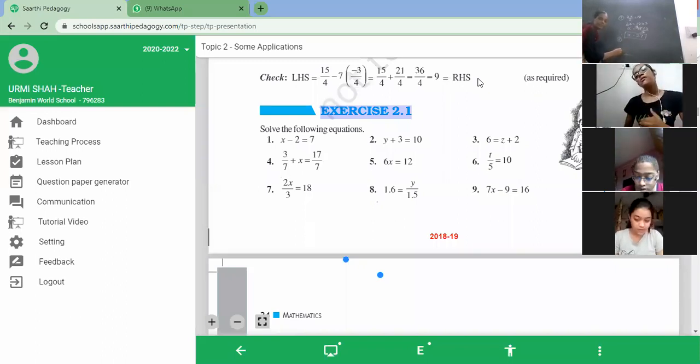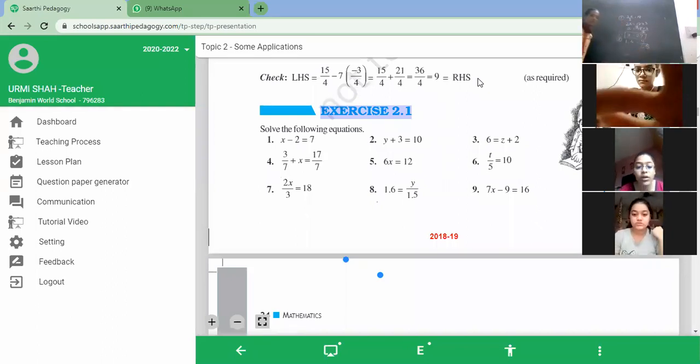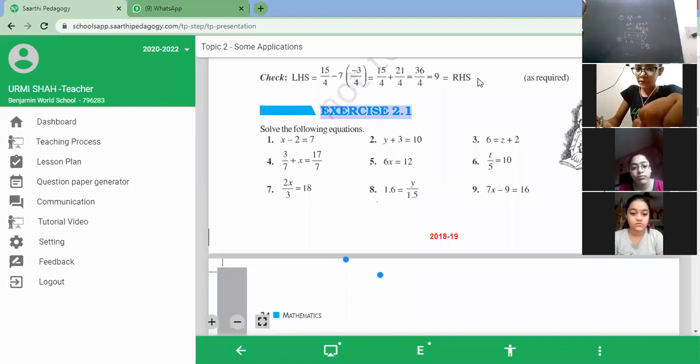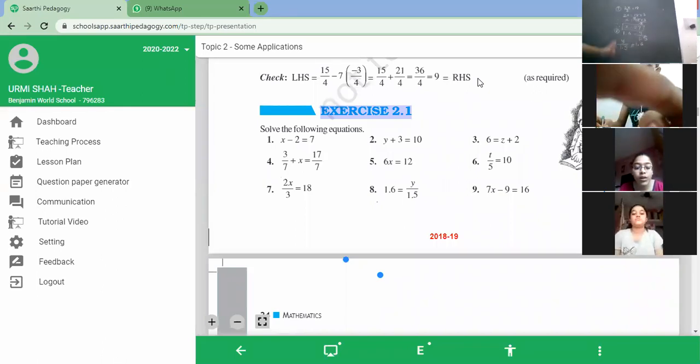Now take number 8. 1.6 is equal to y upon 1.5. So again we want y on the left side. So what will we write? y upon 1.5 is equal to 1.6. It is multiplication, so rearrange the terms only.